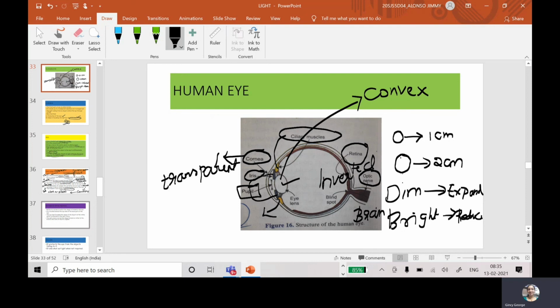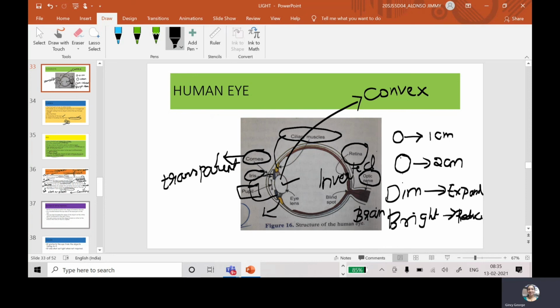It is passed to the brain with the help of the optic nerve, and the brain interprets this as an erect image. If you were seeing things in the same inverted form, vision would be complicated. So to make it erect, the brain reads or interprets that inverted image as an erect image.